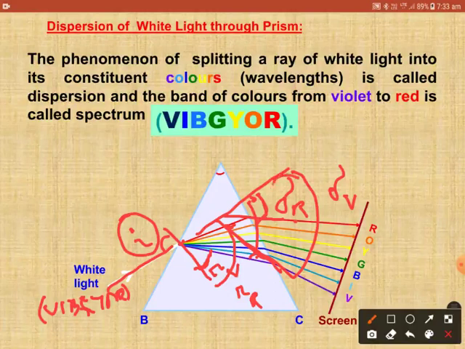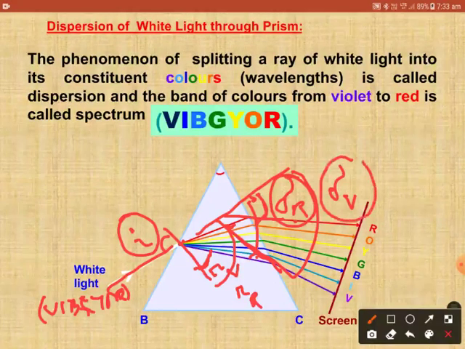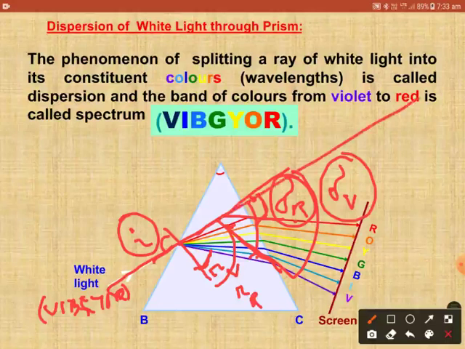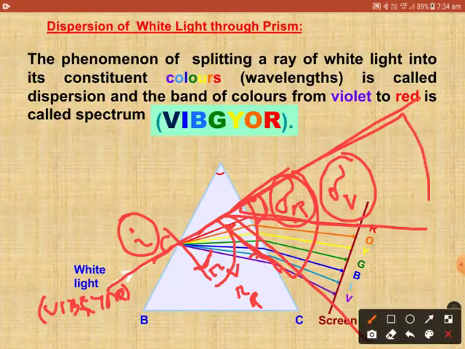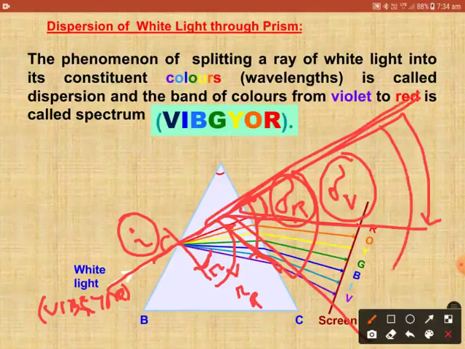That means the bending is less in the case of red light, and the bending of violet light is maximum. Bending means how much it has been bent from the incident direction.